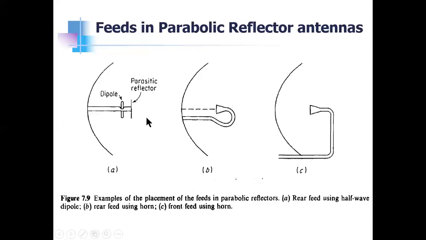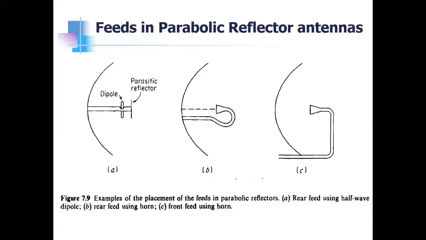Instead, we can use an open-ended waveguide, which is preferred over a dipole for higher microwave frequencies. There could be a circular waveguide or a rectangular waveguide. For this circular paraboloid, we might prefer a circular open-ended waveguide. Circular waveguides usually operate in the dominant mode TE11, right?